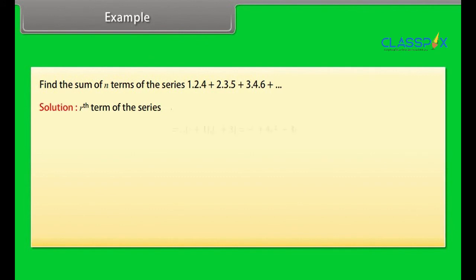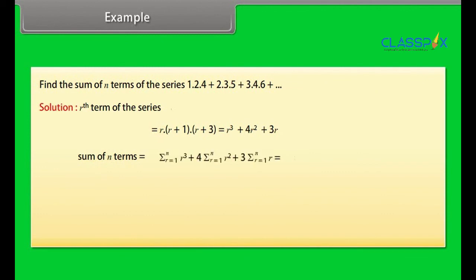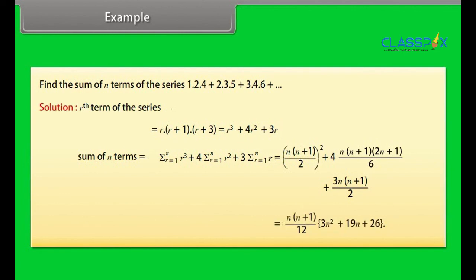The rth term of the series is equal to the sum of n terms equal to summation from r is equal to 1 to n of r cube plus 4 times summation from r is equal to 1 to n of r square plus 3 times summation from r is equal to 1 to n of r, which is equal to... On solving, we get n into n plus 1 by 12 multiplied by 3n square plus 19n plus 26.